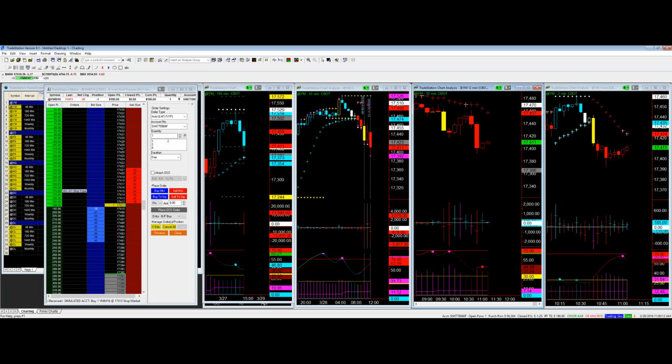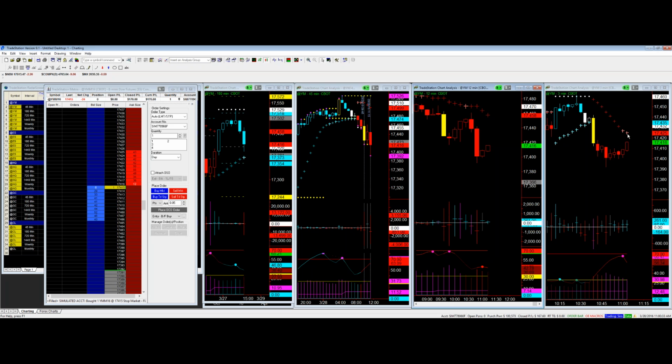There's your magenta peak. This is where you're going to get stopped out because your stop is below this ATR. The probabilities are that you'll be stopped out, I'll put it that way. Buyers controlling, you're out of the Dow.